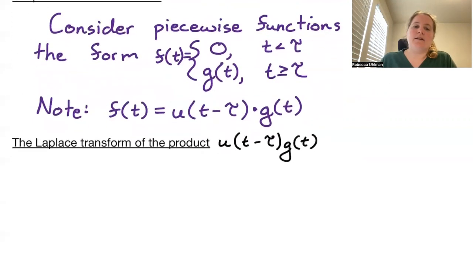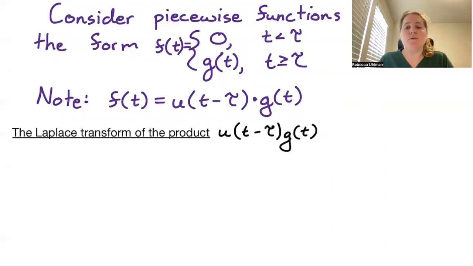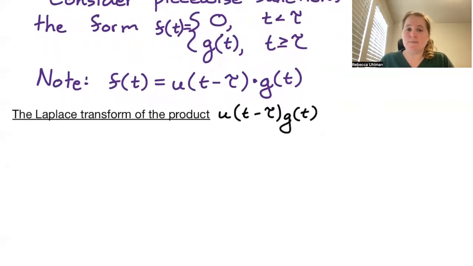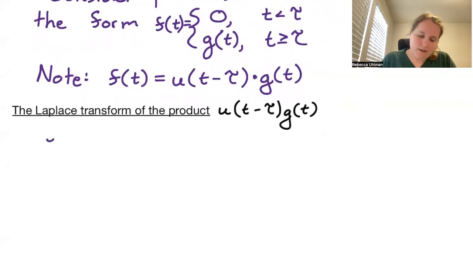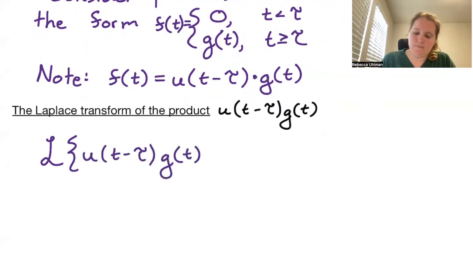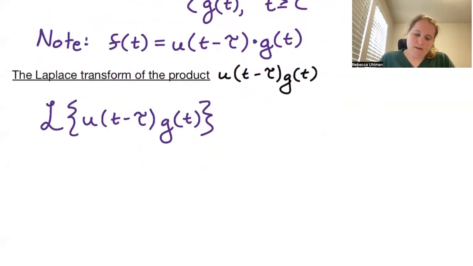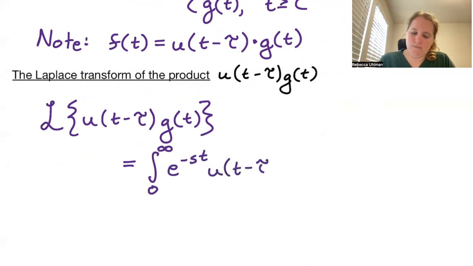So let's go ahead and now find the Laplace transform of u of t minus tau times g of t. Taking the Laplace transform, this is the improper integral from 0 to infinity of e to the negative st times u of t minus tau times g of t dt.